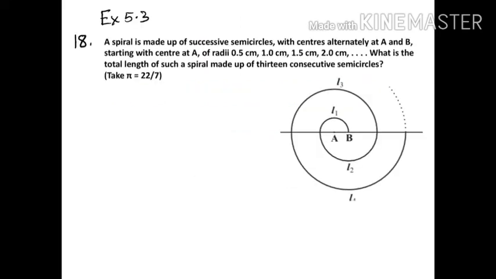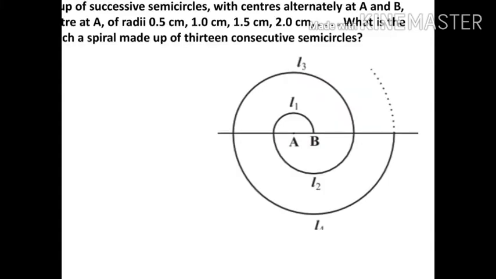Question number 18 of exercise 5.3. A spiral is made up of successive semicircles as shown in the figure, with centers alternately at A and B. Taking A as center and radius 0.5 centimeters, semicircle L1 is obtained.